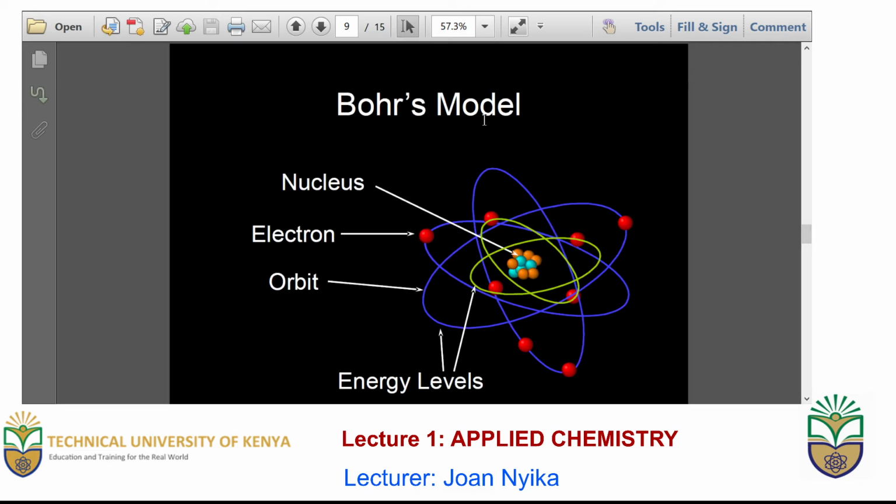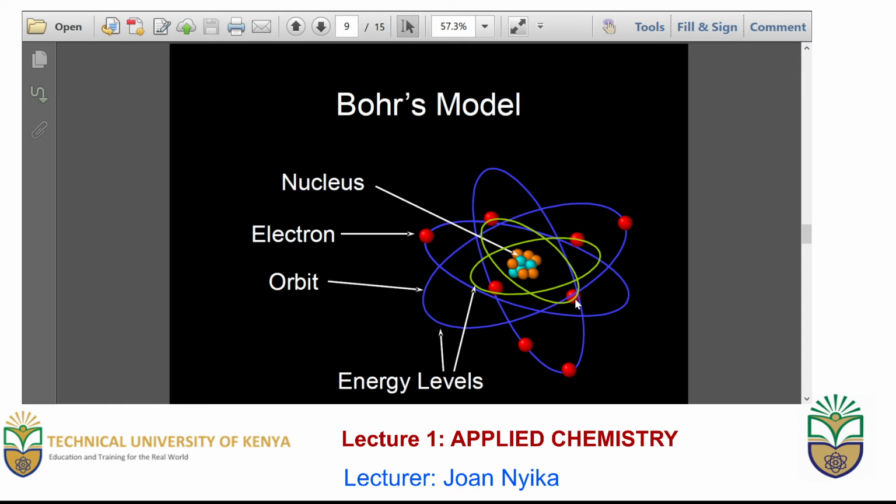So what we see using Bohr's model is that it has a nucleus at the center. The nucleus has neutrons and protons. Neutrons do not have any charge. Protons are positively charged. Therefore, the nucleus is positively charged.